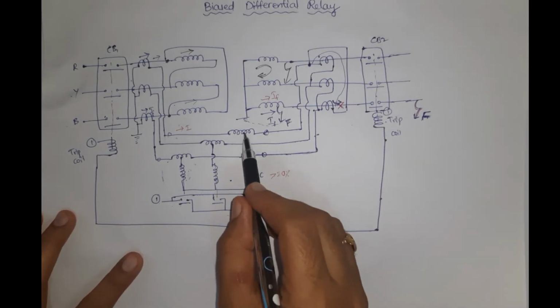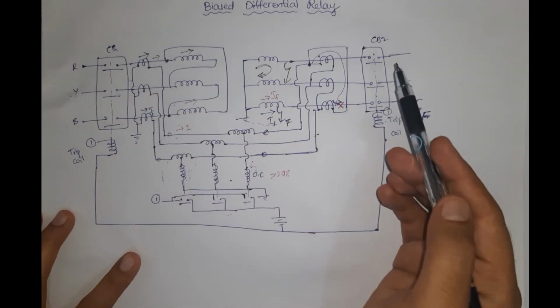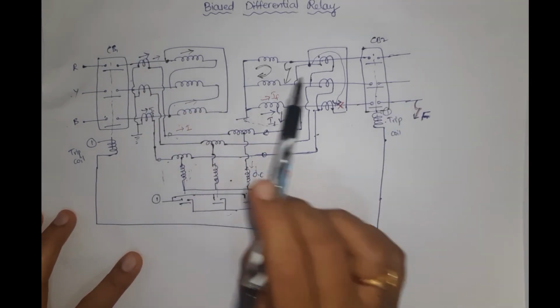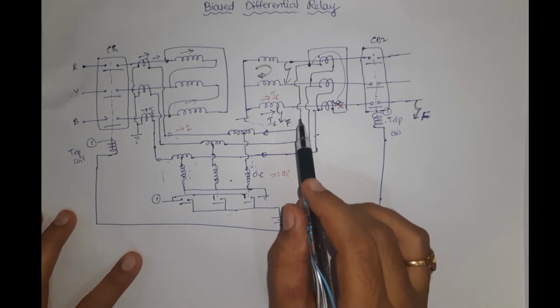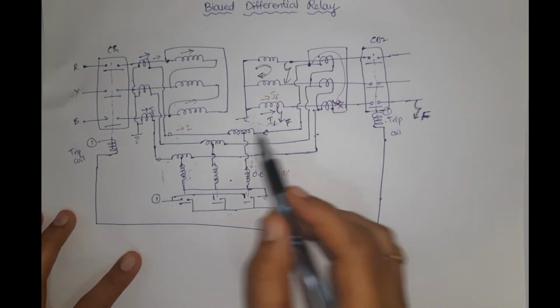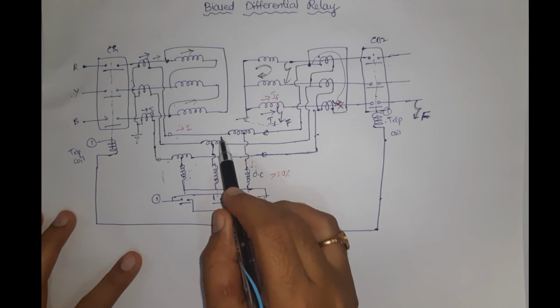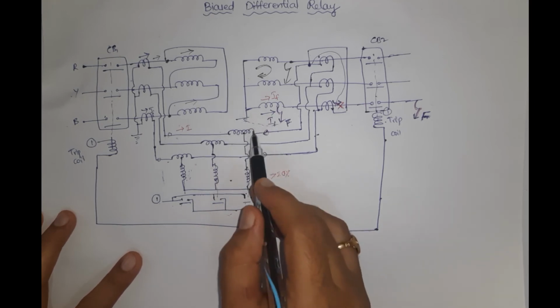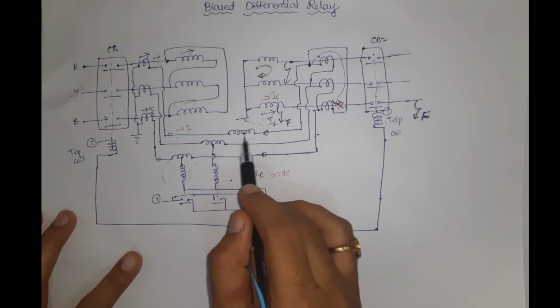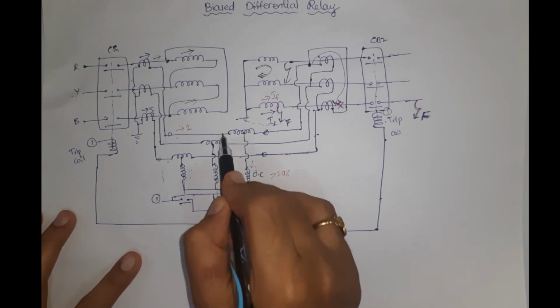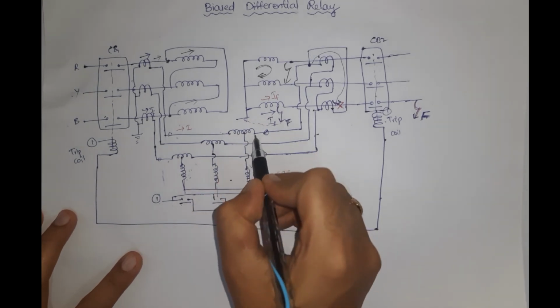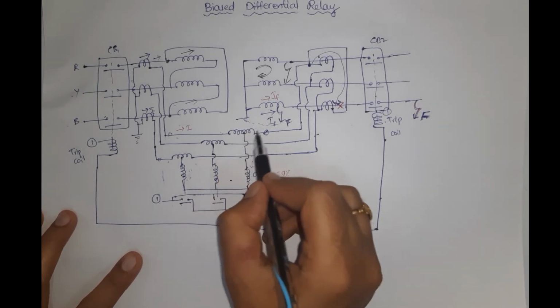So for small changes in current transformer characteristics also, if there are different saturation points, the amount of current flowing through the current transformers, that is pilot wires, also differs. So at that time, that small current due to the difference in characteristics of current transformers flows through this restraining coil, so that restraining torque is produced.